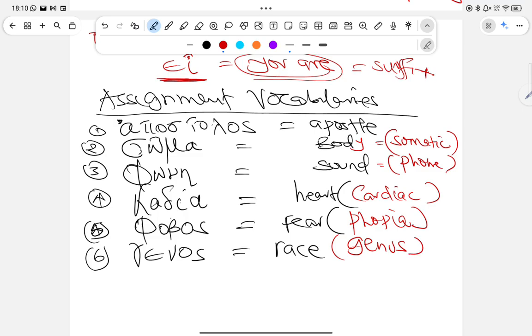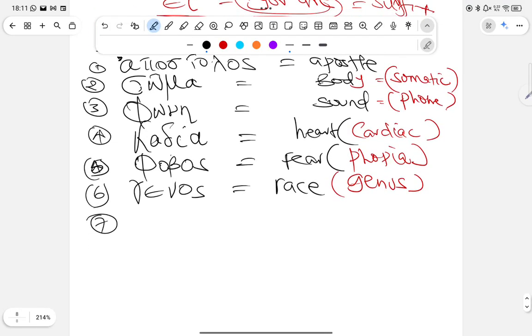Then the number 7 is a name, which hopefully you should be able to identify and recognize, is Philippos, phi, iota, lambda, iota, pi, pi, omicron, sigma. Philippos, and it has that mark, and it is the name Philip.